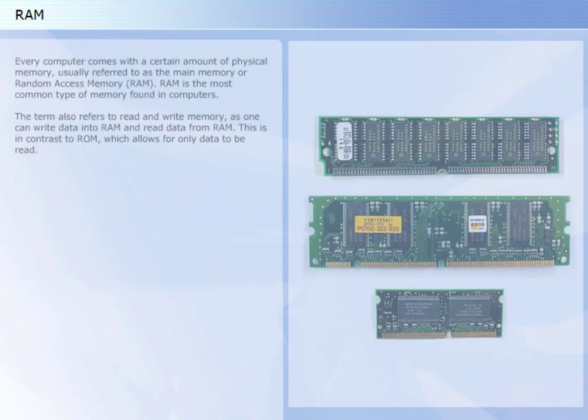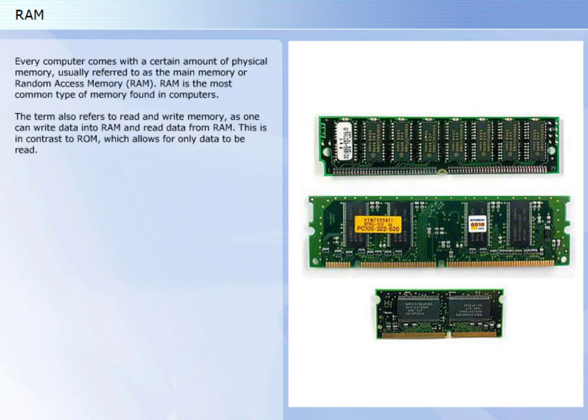Every computer comes with a certain amount of physical memory, usually referred to as the main memory or random access memory, RAM. RAM is the most common type of memory found in computers. The term also refers to read and write memory, as one can write data into RAM and read data from RAM.